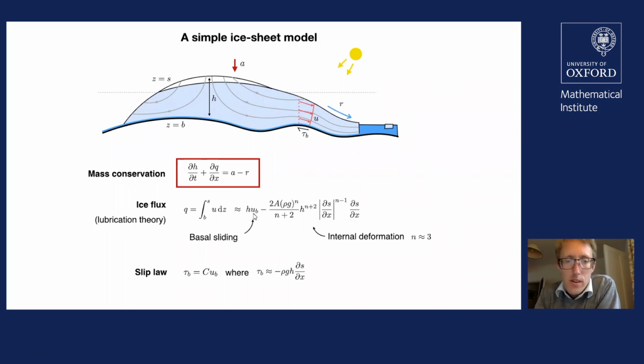For the moment, I'm just going to ignore sliding and assume that there's no slip. So this is just a normal spreading film of fluid, albeit non-Newtonian. And so the source terms in this mass conservation equation, remember, are the snowfall and the melting and the runoff from the surface.